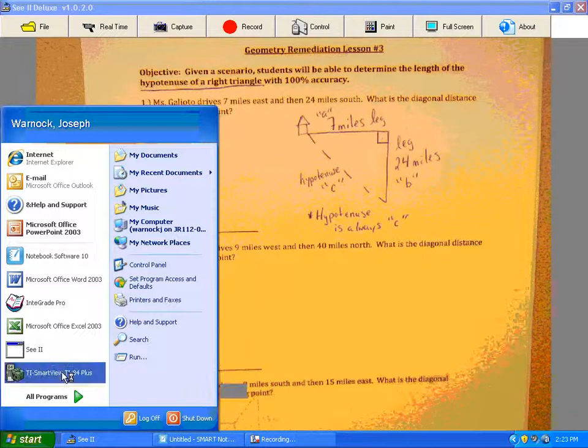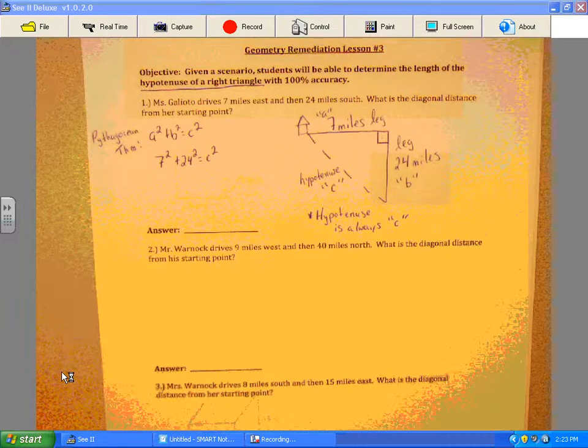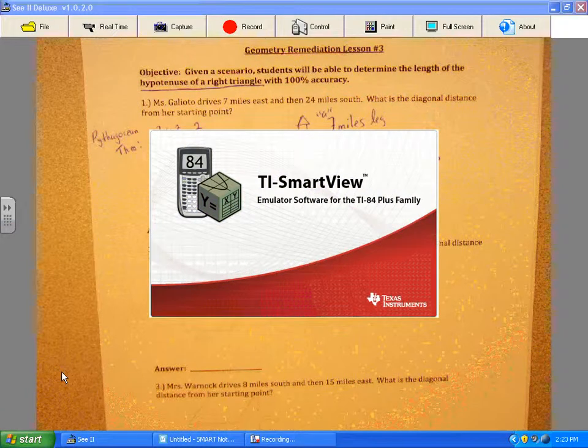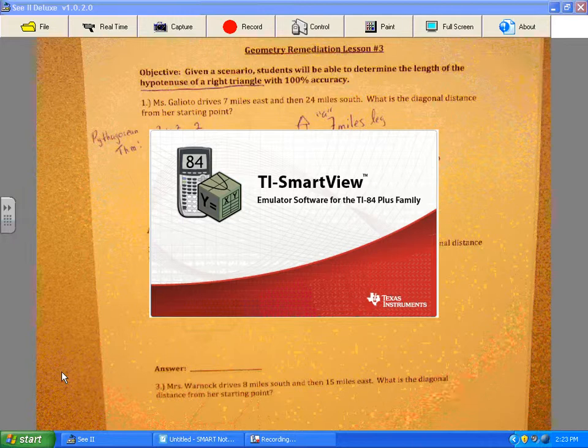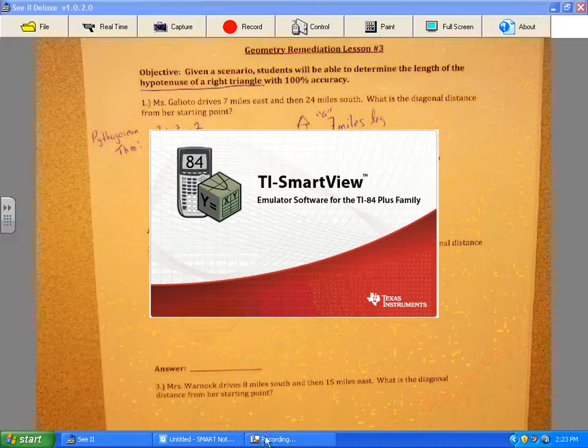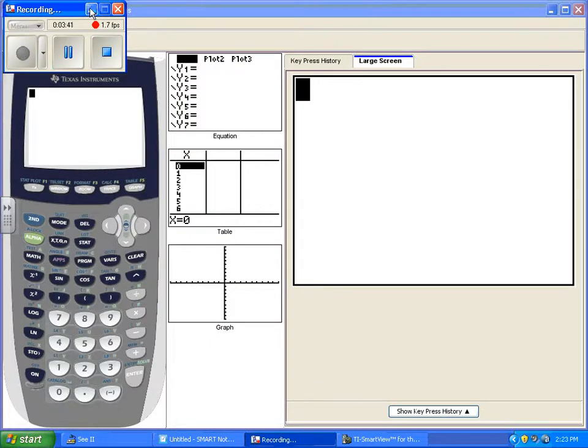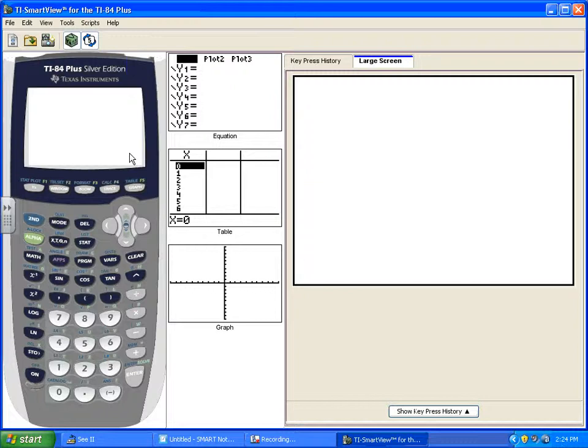And we go to our graphing calculator. And once we have our graphing calculator, we're going to type in 7 squared, which is right here, the fifth key down, on the left. 7 squared plus 24 squared.